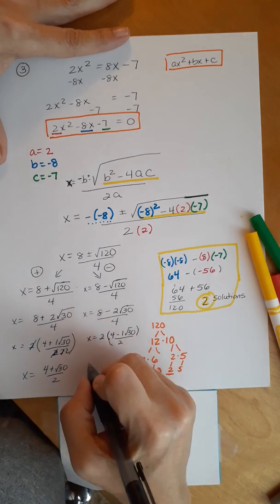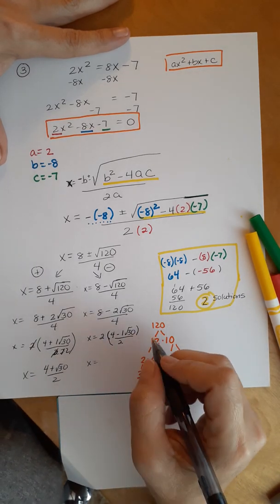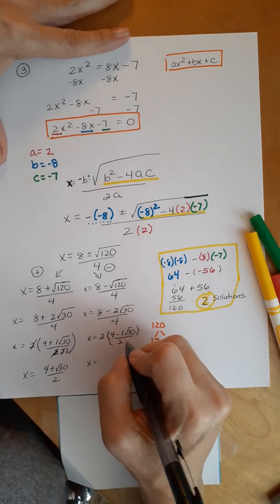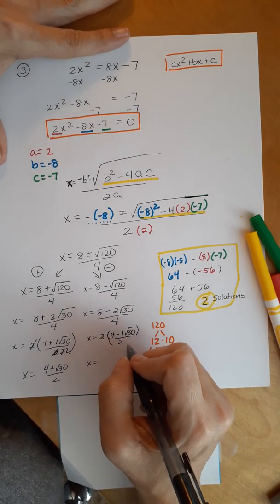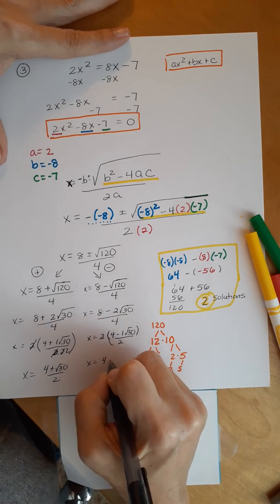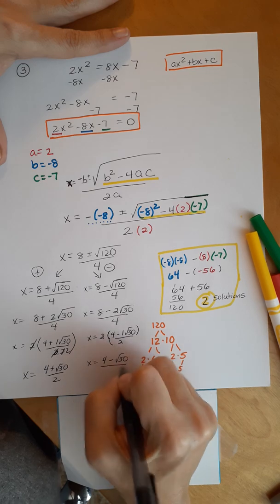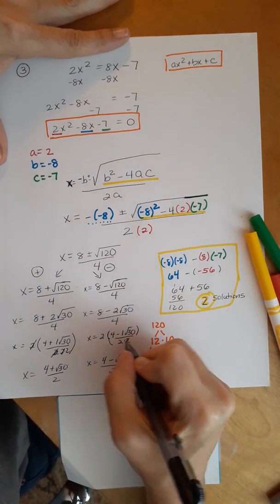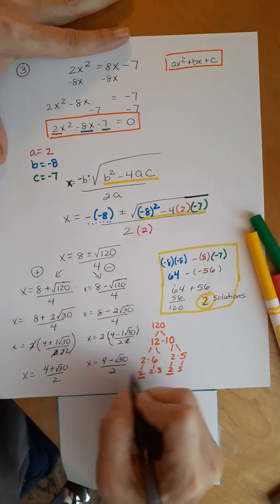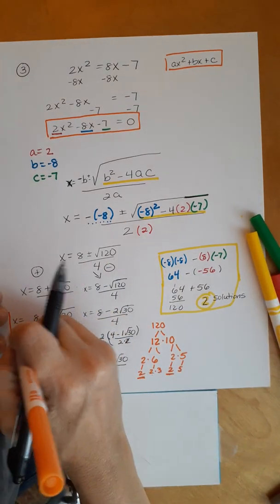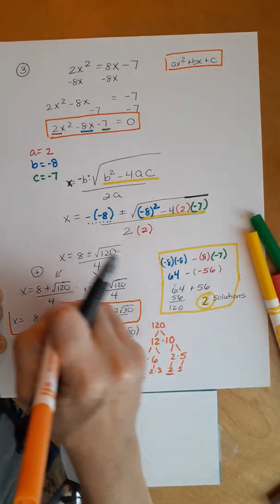X equals 4 minus square root of 30 over 2. All right, and there you go. So those are the two answers. This works fine. This is just not in lowest terms.